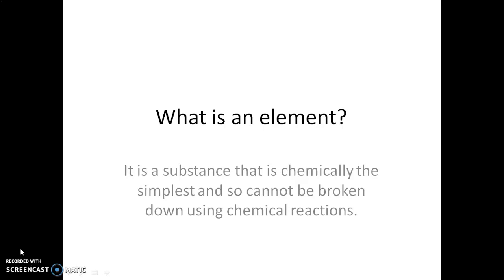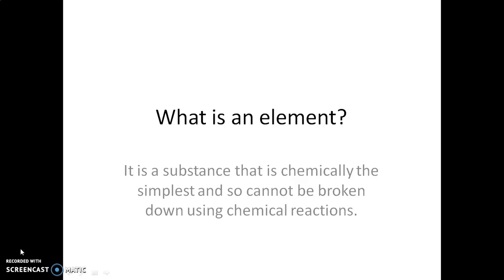So, when I say oxygen or hydrogen or nitrogen or sodium or gold or silver or iron, any of these, you cannot break them down further using any kind of chemical reactions.